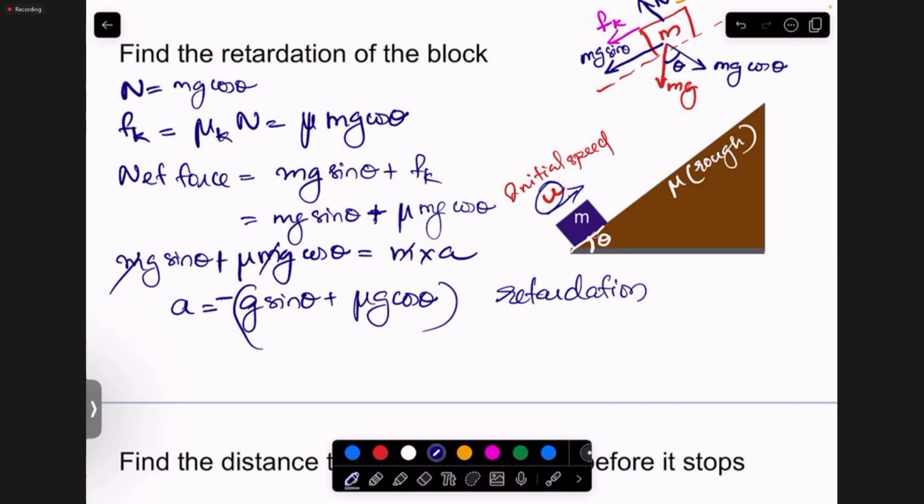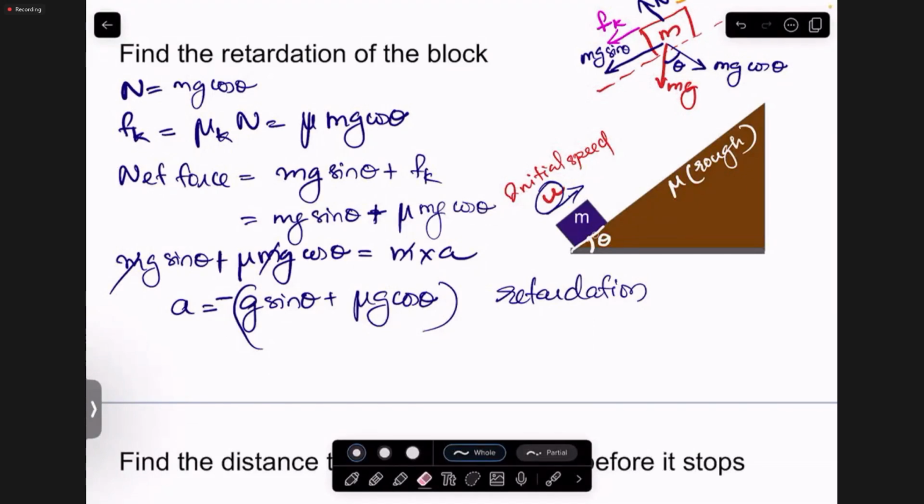And so two things are trying to decelerate this object. One is the gravitational force. So without friction also, g sine theta is trying to pull this block downwards. Because of this initial push, this block will start moving at the velocity, and will slowly start to decelerate because of this gravitational force, g sine theta.